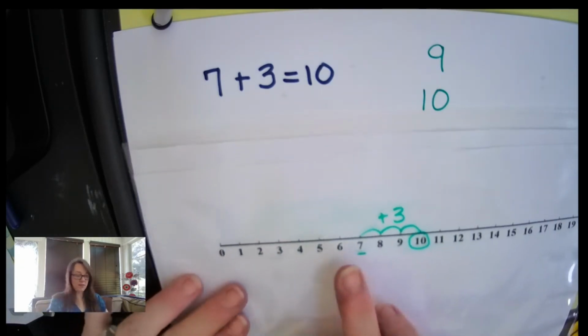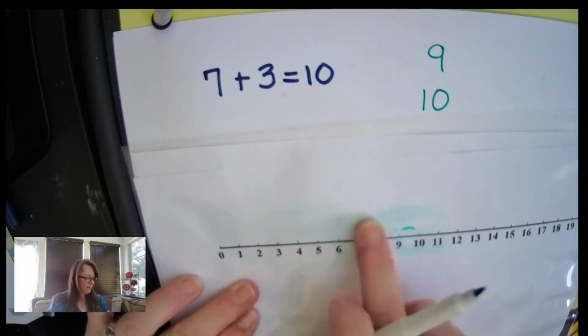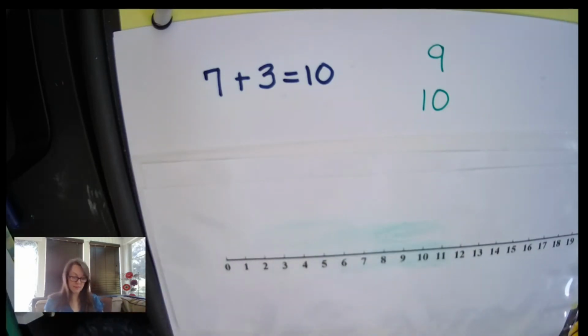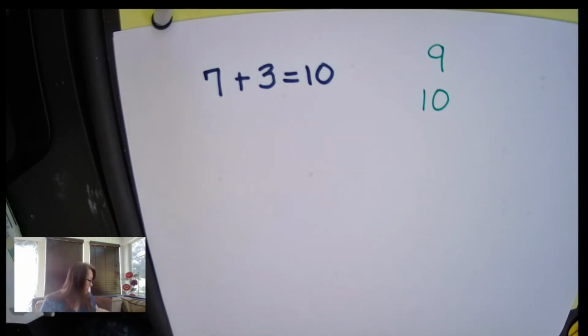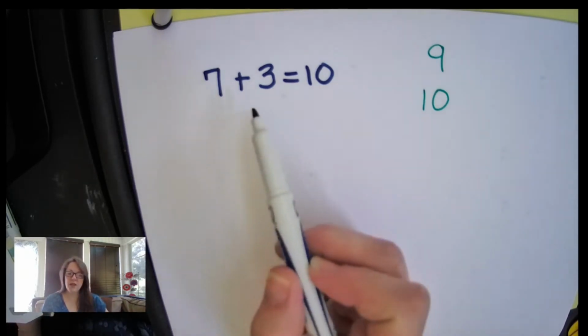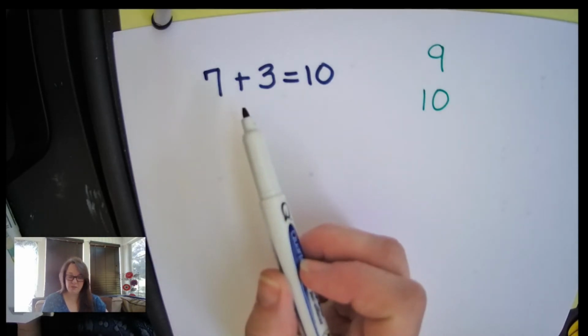Who thought about it differently? Lily, you thought about it differently. How did you think about it? Oh, Lily says that she thought about all of the combinations of 10.